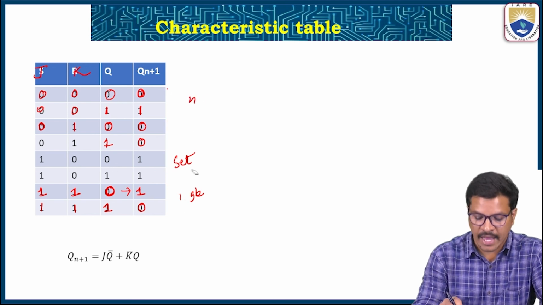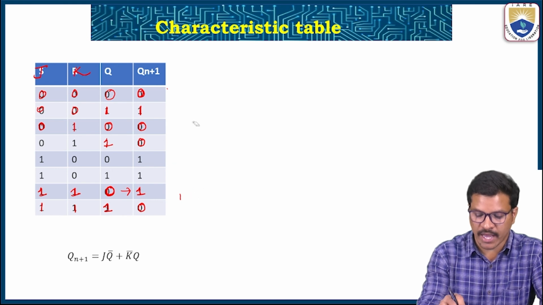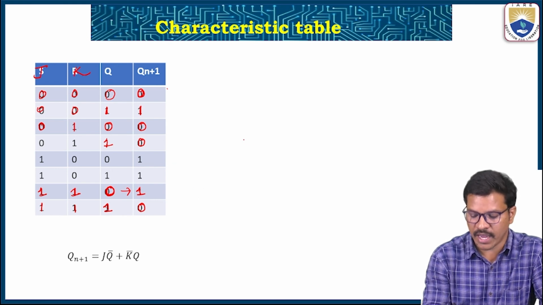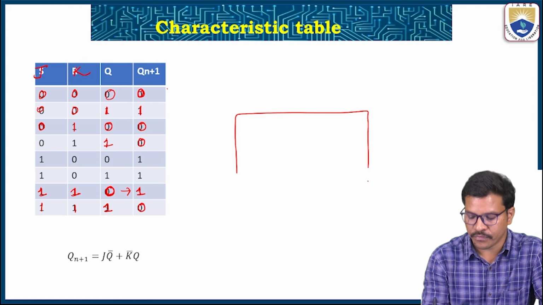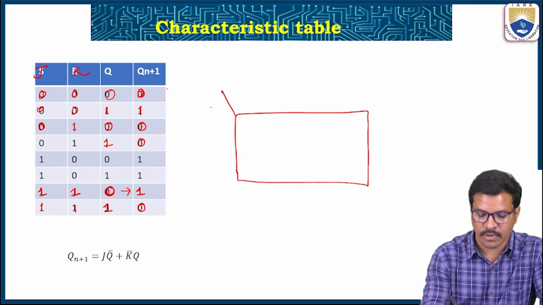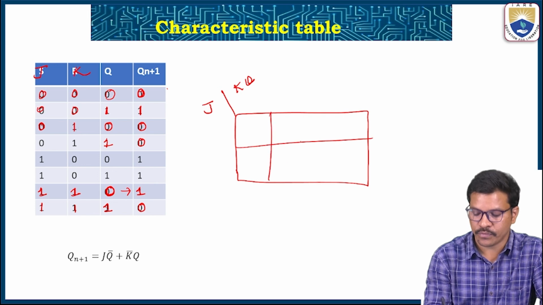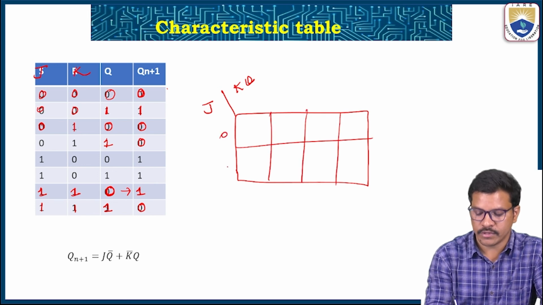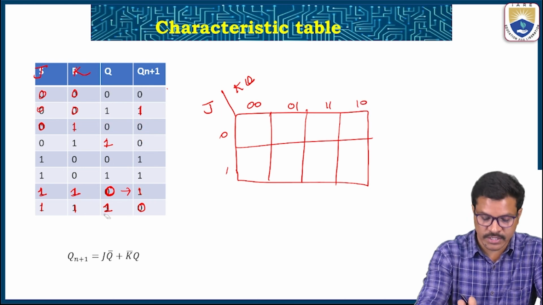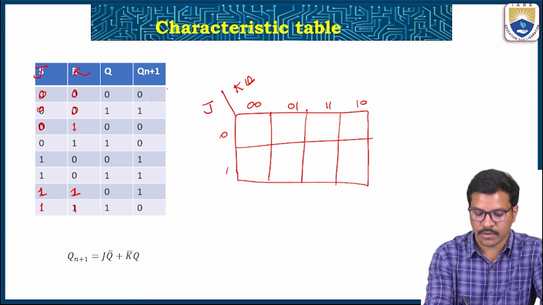This characteristic table will help us find the characteristic equation with the help of a K-map. J, K, Q. By considering all the logic 1s in the next state, Qn plus 1, this is the Qn plus 1 table.